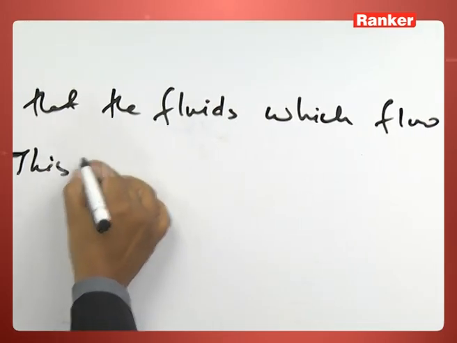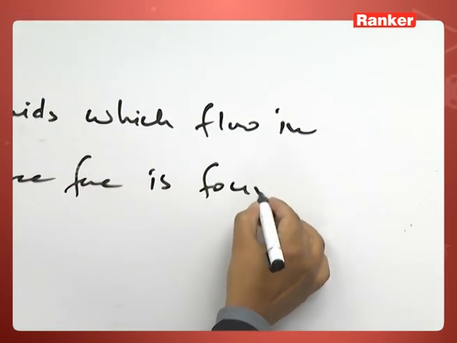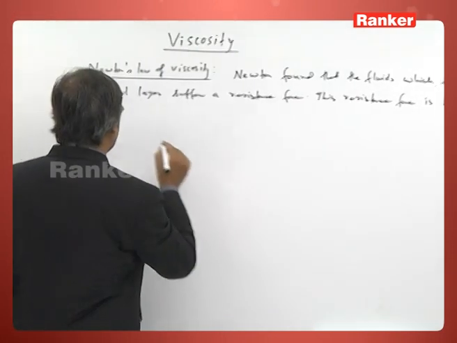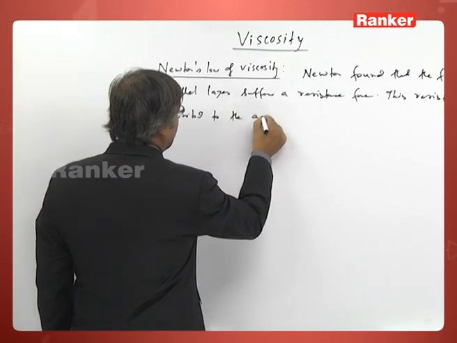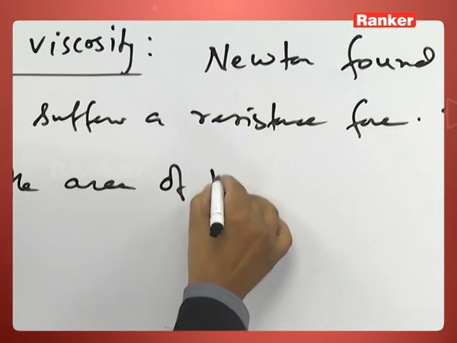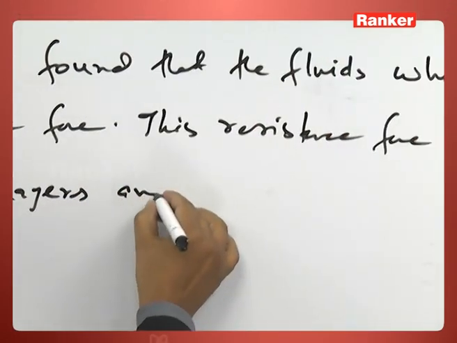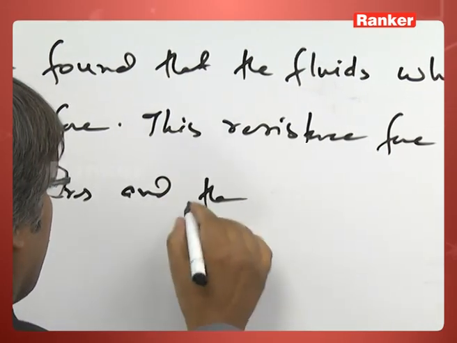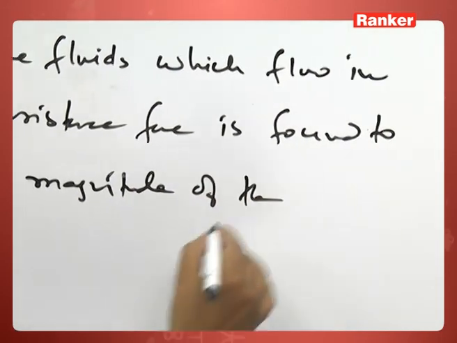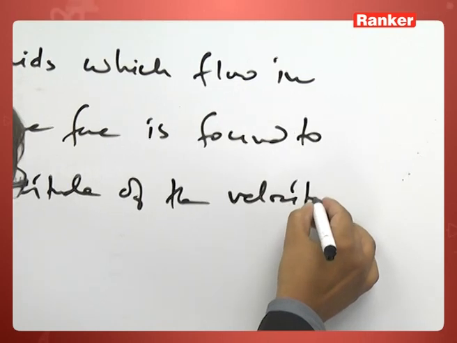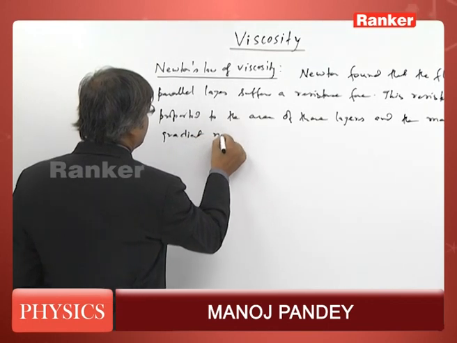This resistance force is found to be proportional to the area of these layers and the magnitude of the velocity gradient normal to it.